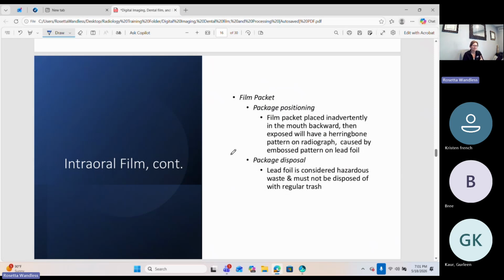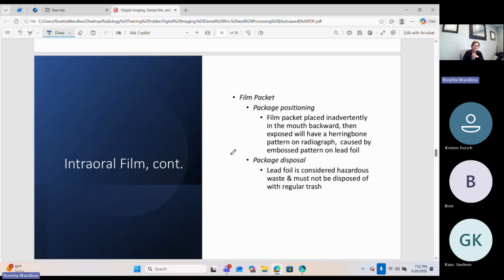Now, you're probably going to ask, how do we know where that is? Typically, the lead foil is always going to be where the opening of the packet is. We're not going to open it, but it's always going to be on that side. We call that the labeled side.